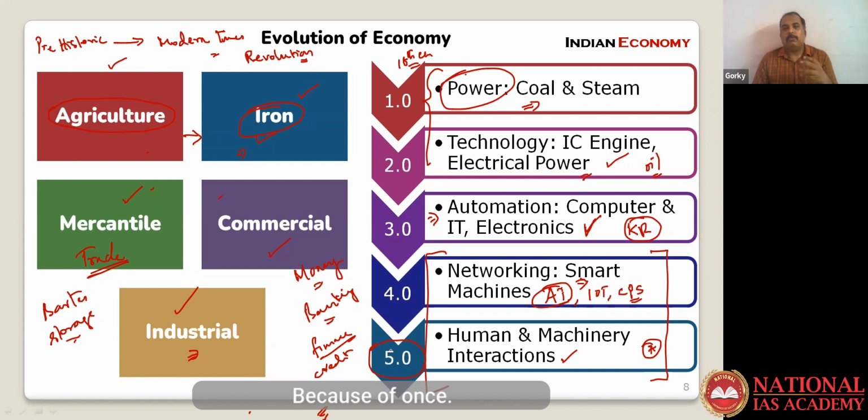How? Because of wants. For these wants, we had certain inventions, discoveries, research, development, put in technologies, assembled things together. Everything happened in that particular way. Clear? Any doubt up to this?